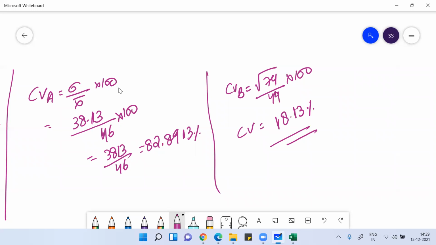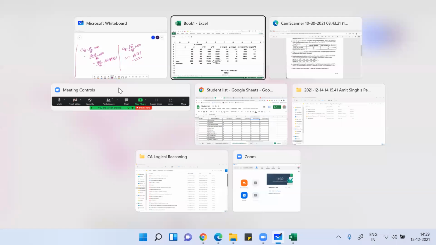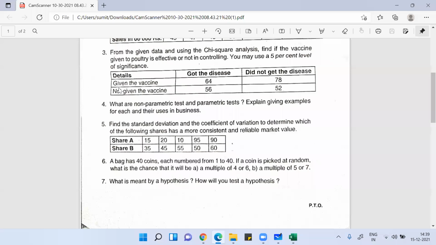So here, if I'm asking which share is more consistent in market value, that would be share B.